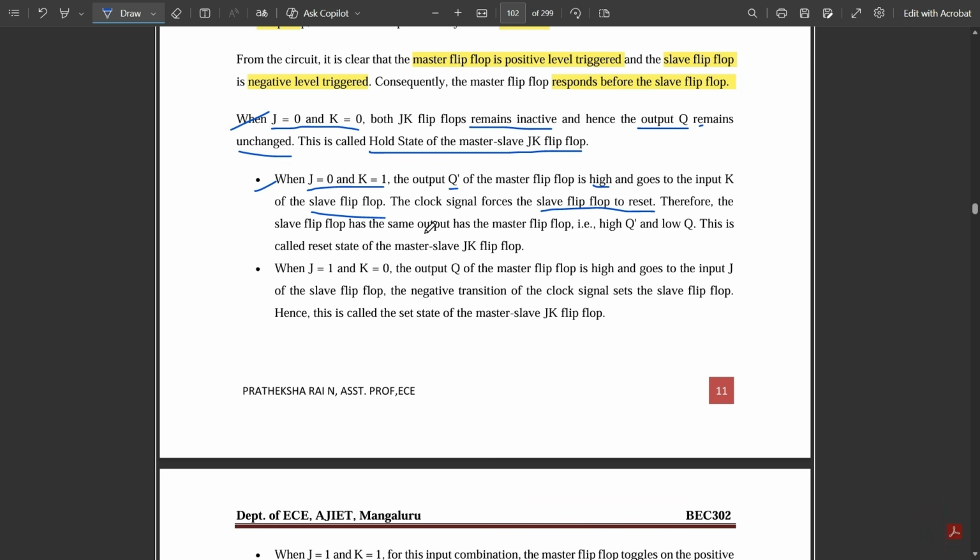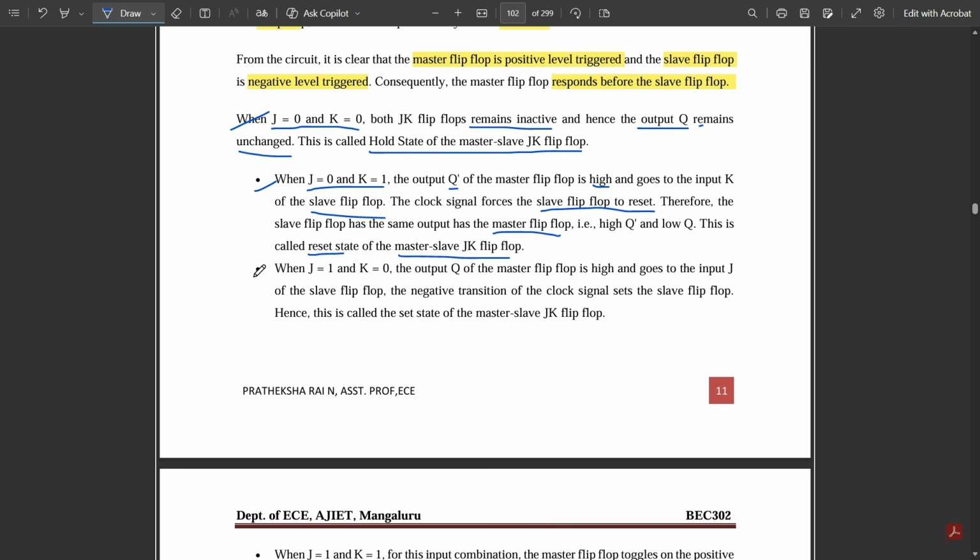Therefore, the slave flip flop has the same output as the master flip flop. So for high Q bar and low Q, this is called the reset state of the master slave flip flop. In summary, when J equal to 0 and K equal to 1, the output is at a reset state: Q bar is equal to 1 and Q is equal to 0.